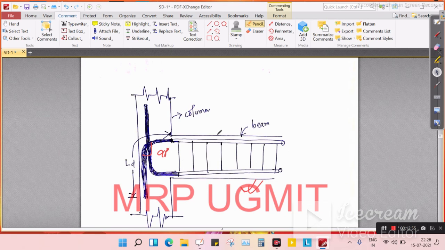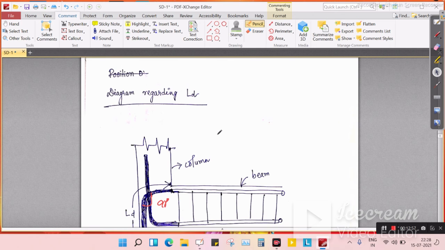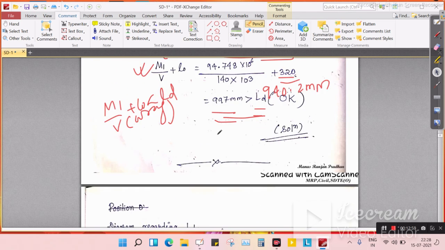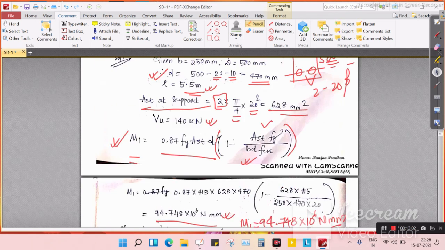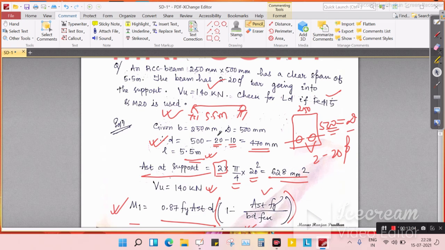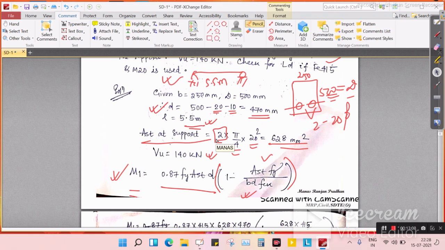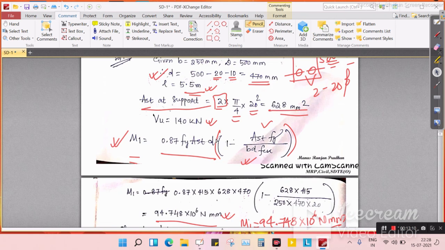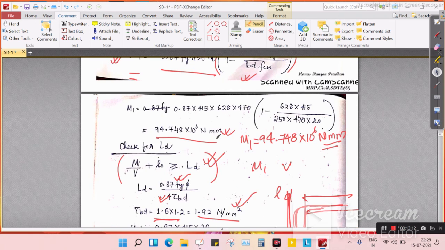With this, the development length chapter is over. So what is the procedure to solve a problem? First, from the given data, we have to find out the moment of resistance. From that moment of resistance and the given value of shear force, and from other given data, we have to find out LD, development length.